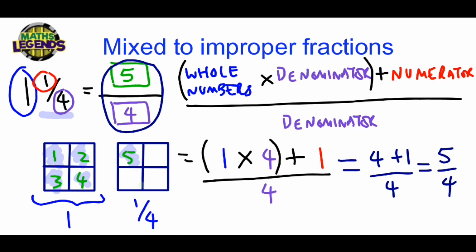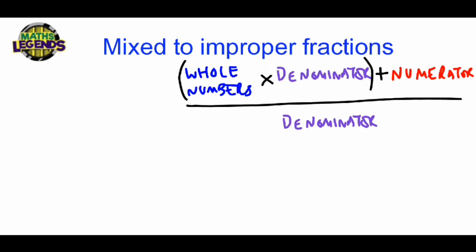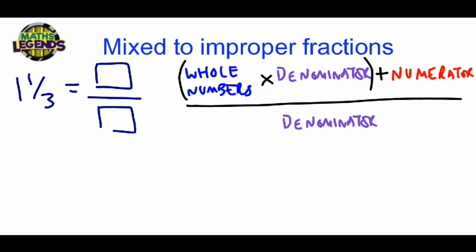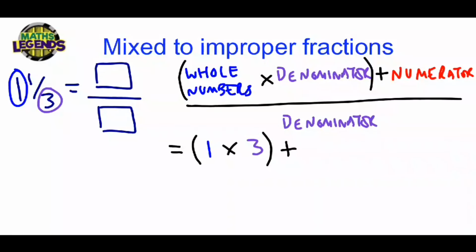Now for the next examples, we're not going to draw boxes, we're going to use our formula to get to the answer quicker. Let's say our question is 1 1/3, and we want to write that as an improper fraction. So we use our formula, which is the number of whole numbers, which is 1, multiplied by the denominator, which is 3, plus the numerator, which is 1, all over the denominator, 3.